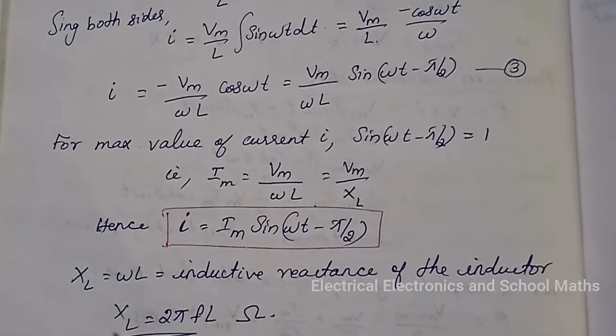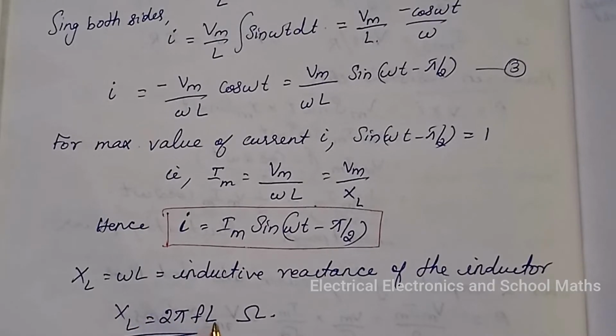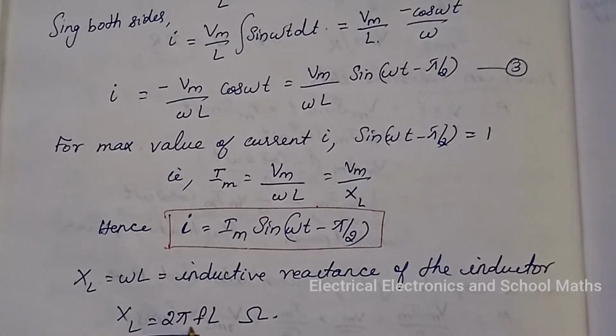The quantity omega L plays the same role as the resistance in a resistive circuit. We can write XL equal to 2 pi FL, where omega equals 2 pi F. So XL equals omega L or 2 pi FL, and the unit is ohm.